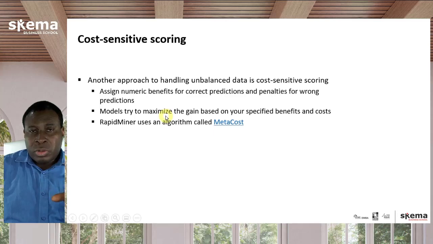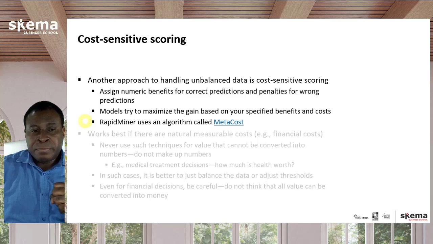And so the model, instead of just trying to get certain numbers or percentages correct or not, counts them as points. The models try to maximize the gain in bonus points and minimize the costs. These gains might be in euros or in some other meaningful count. RapidMiner primarily uses an algorithm called MetaCost, which was the original cost-sensitive scoring algorithm, I believe.